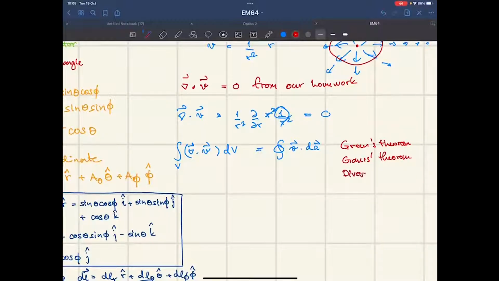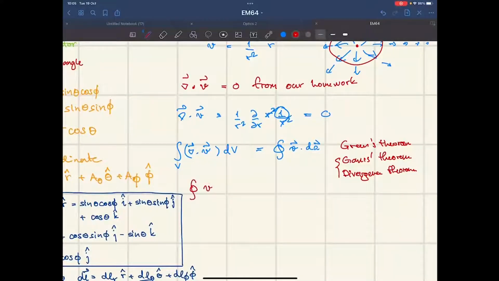The divergence theorem. There are too many names for it, but we normally say these two. Using Gauss's theorem or the divergence theorem, we can see the solution is quite different here. Let me try to do this integration.